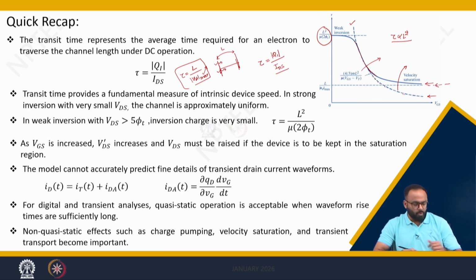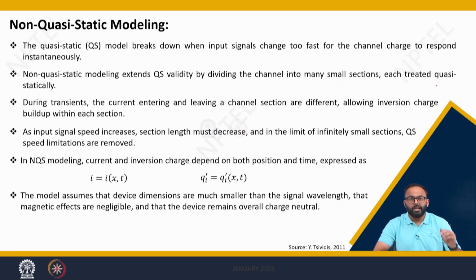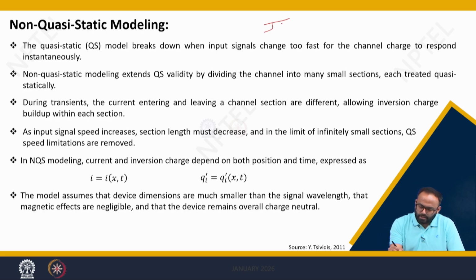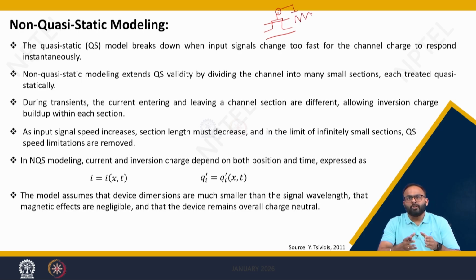Now let's see what will happen if the input signal varies so fast. The quasi-static model breaks down when the input signal changes too fast for the channel charge to respond instantly. If you apply a gate signal with a very high frequency, the charge will not get enough time to respond.